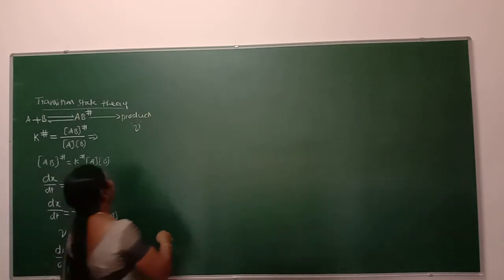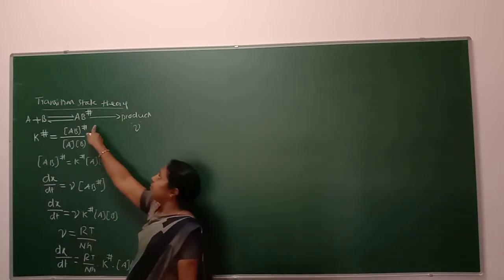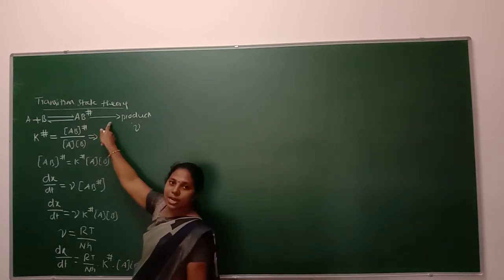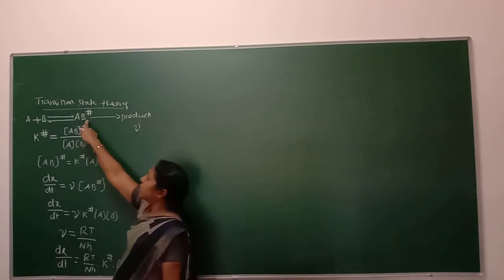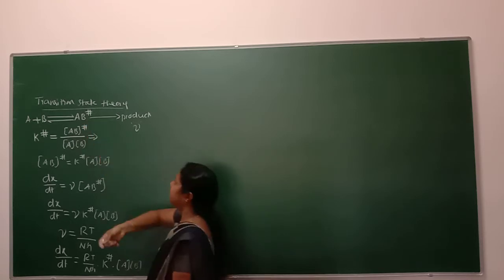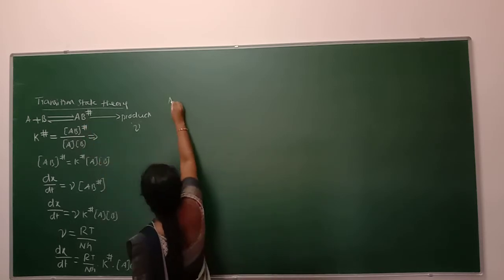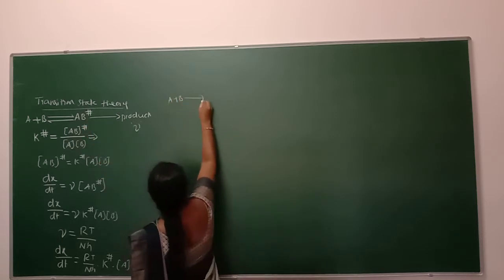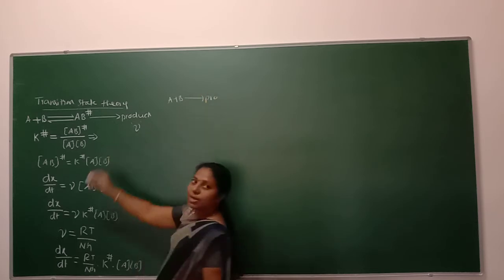Next, if we consider the elementary reaction, that means without the formation of this activated complex, what reaction takes place? That is, A plus B gives product. This is the elementary reaction.